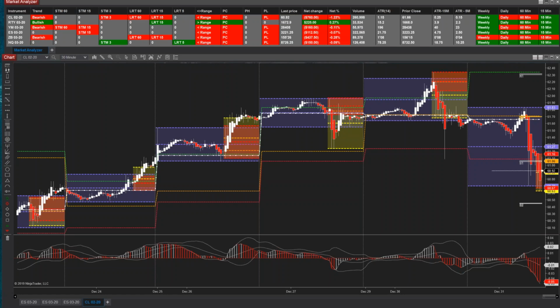And to make those determinations, you'd look at your market analyzer and see how many zeros you're getting in here versus red prints. If it starts flashing all red, then you want to be going with that trend continuation back to the downside. But right now, well, we had very, very strong momentum to that downside move.